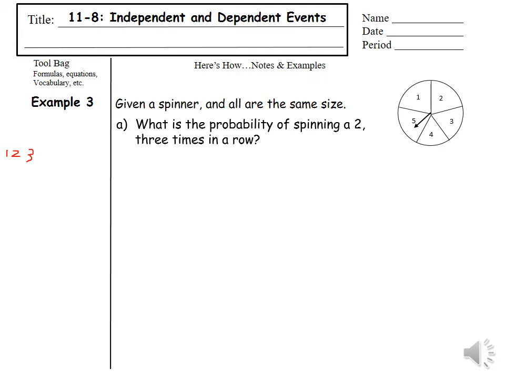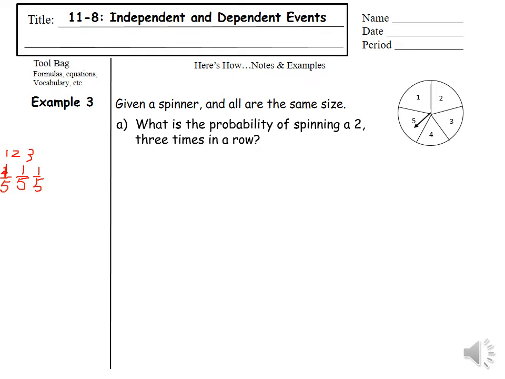It's 1. The total outcome is 1, 2, 3, 4, 5. So it's 1 out of 5. Spinning a 2 is 1 out of 5. The second time, because it's an independent event, is also 1 out of 5. The third time is also 1 out of 5.